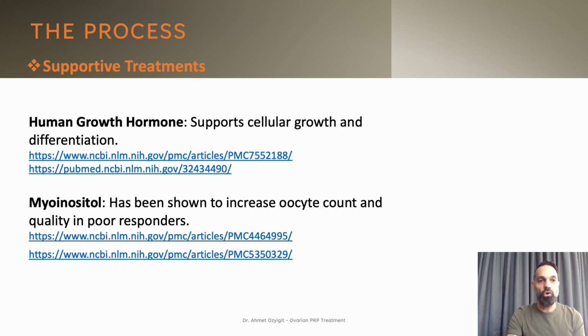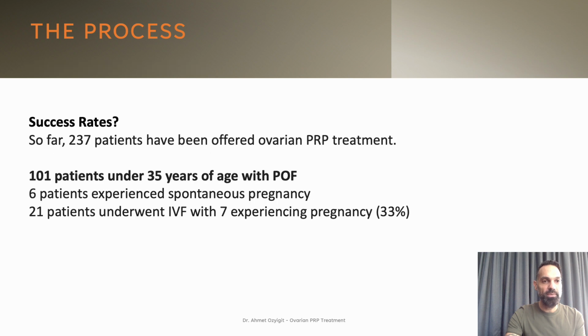So we also incorporate this into our protocol, and we have our patients use these for a certain amount of time before we plan their IVF cycle. Again, I've listed a couple of articles there for you to take a look at if you're interested in reading further about these two supplementary treatments.